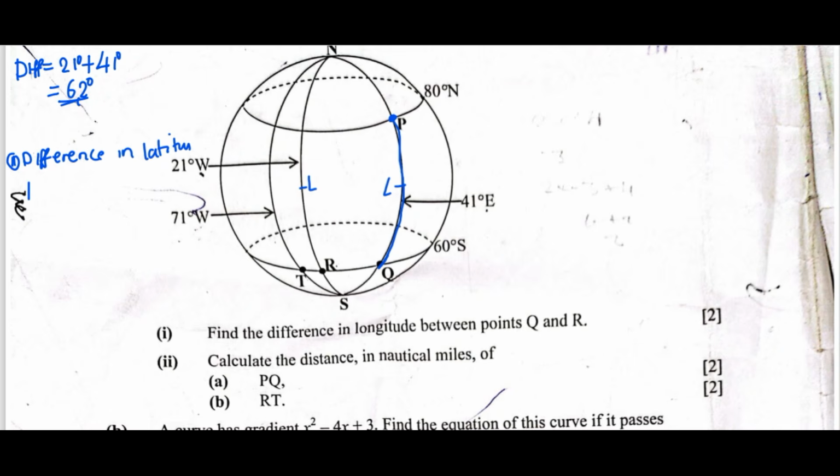So we are going to do the same. We are going to add. So the difference is equal to 80 degrees plus 60 degrees. So we can say that P is 80 on the northern part, then Q is 60 on the southern part.